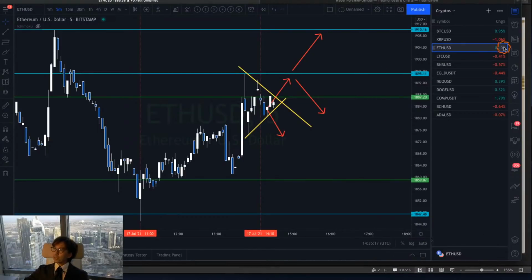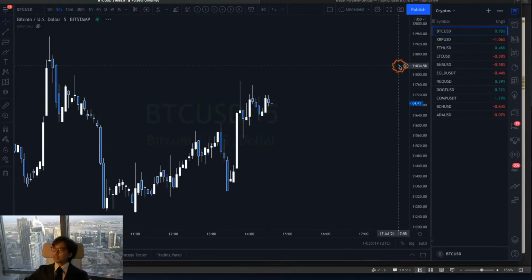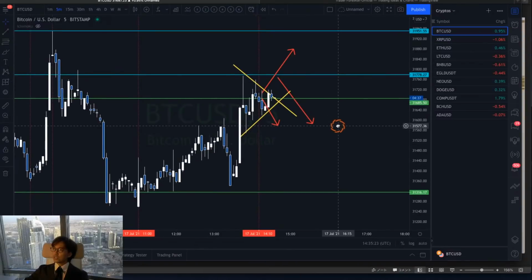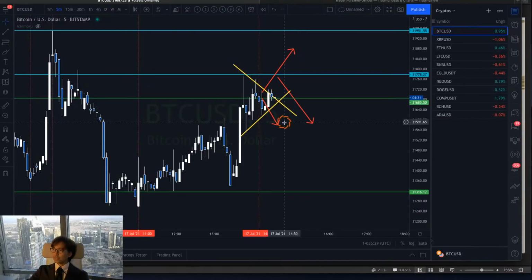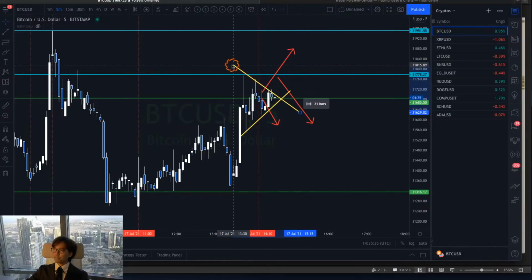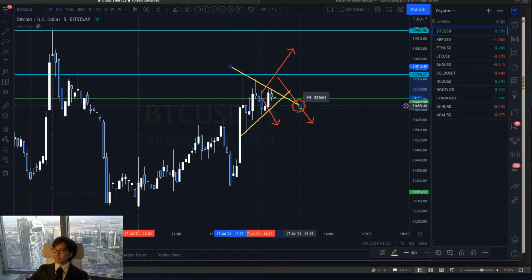So let me come back to Bitcoin, 5-minute chart. Okay, still P wave. So here you see the P wave. The market is at the upper side of the P wave. So here you have to adjust the line a bit like this, so that you can capture the better resistance level like this. So as the market moves, you have to redo the lines.